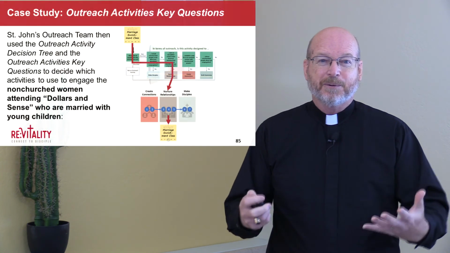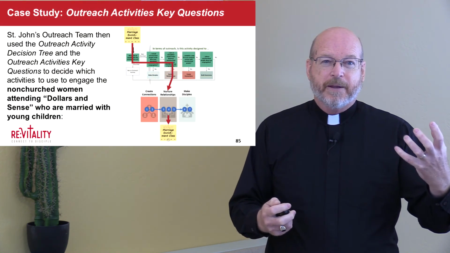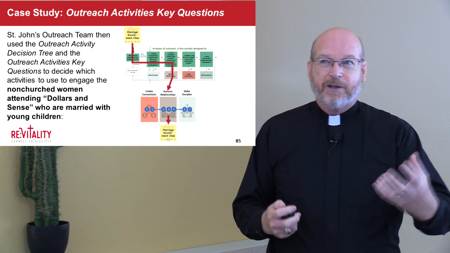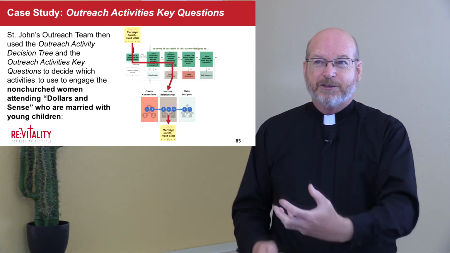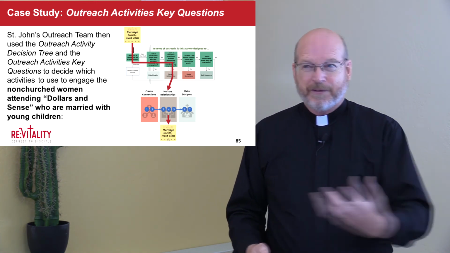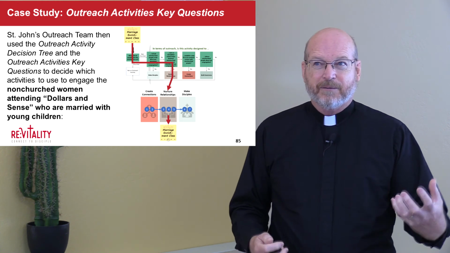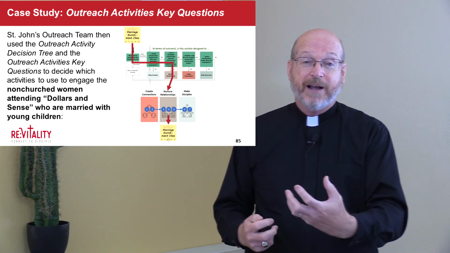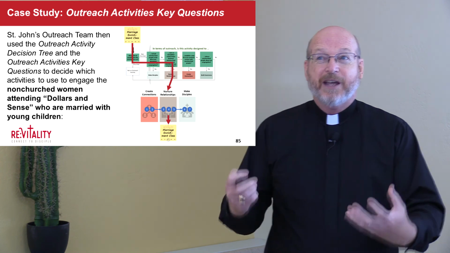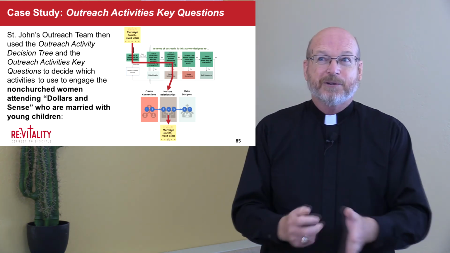Now, something that's really key in terms of process is to think through, all right, here's an outreach activity. Which of the questions do I need to ask myself about this activity? Well, the first step in figuring out which questions to ask is to classify the outreach activity.